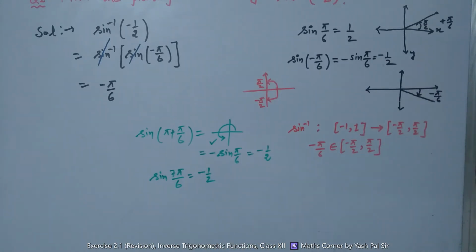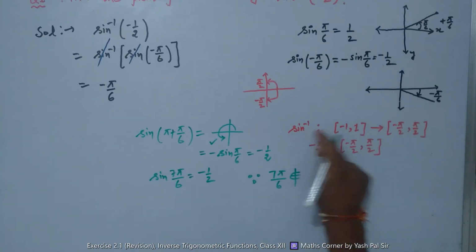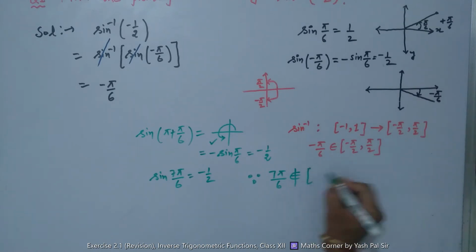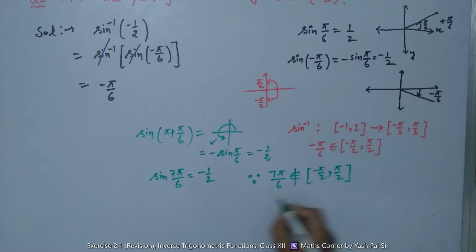Now what is the important thing here? This 7 pi upon 6 does not belong to the range of the sine inverse function. What is the range? It is minus pi upon 2 to plus pi upon 2. So what is the meaning of this?